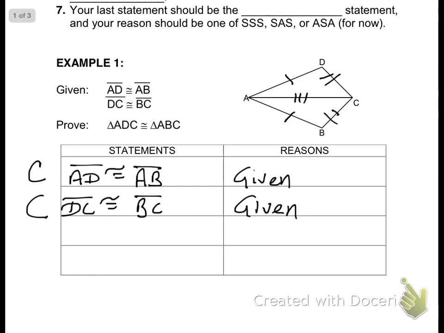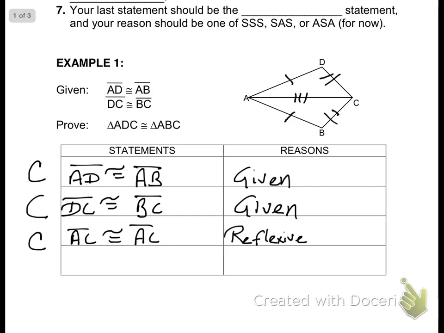It's a side of each of the triangles. So from that you say that AC is congruent to AC, or you could say CA, either way. And that property that you're going to use for that was that anything equals itself is the reflexive property. And so that proves our third congruency.